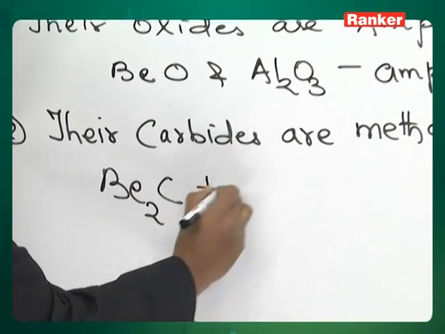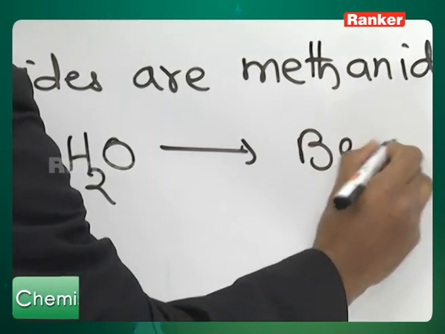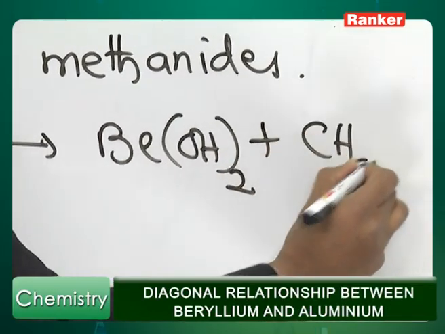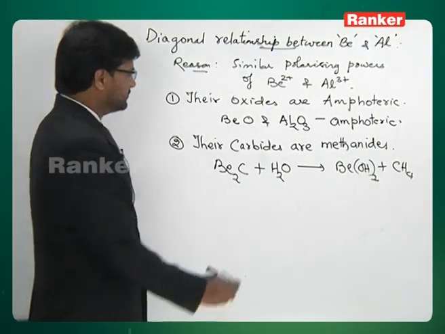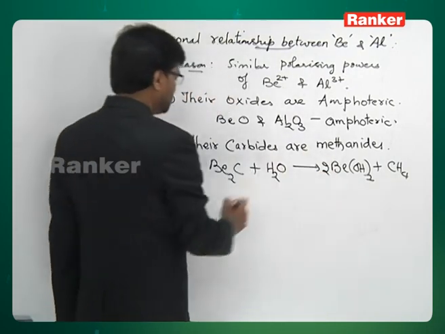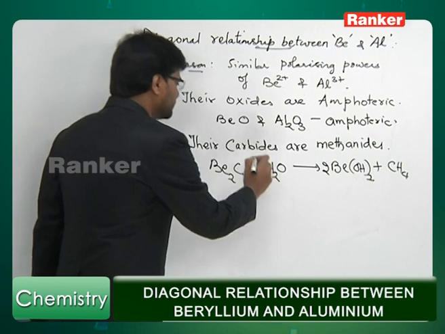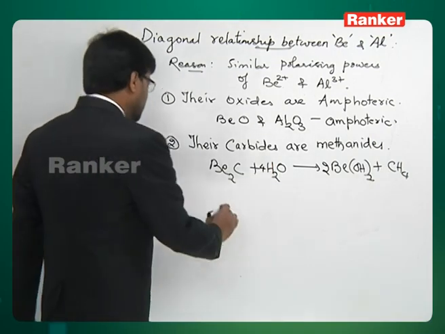Be2C plus water gives Be(OH)2 plus CH4. Let's make it 2, then this will become 4. So beryllium carbide on hydrolysis gives methane.